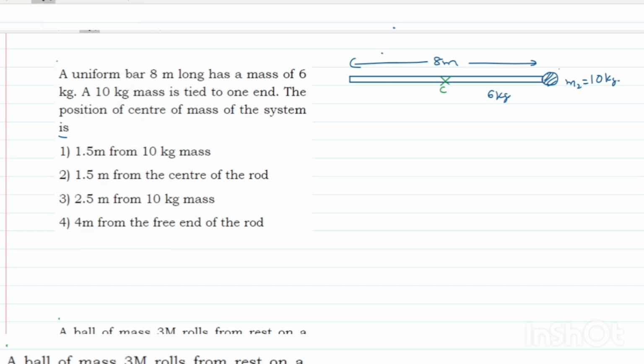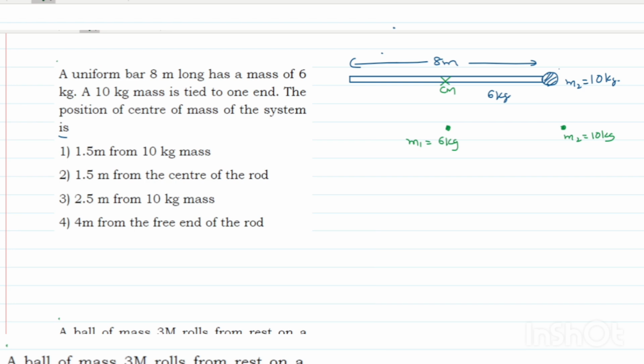You can take it as a 6 kg mass, m1. One more mass you have to consider as a particle, this is m2, which is 10 kg, and this is m1, 6 kg, students.